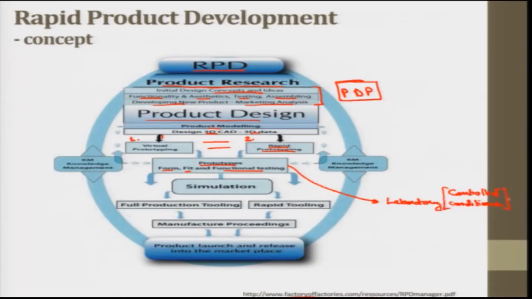Sometimes it happens in realistic conditions also, like Hero Cycles, one of the biggest cycle manufacturing companies in the world. When they come up with a very new product, the first prototype they develop, they sell it to their internal customers.